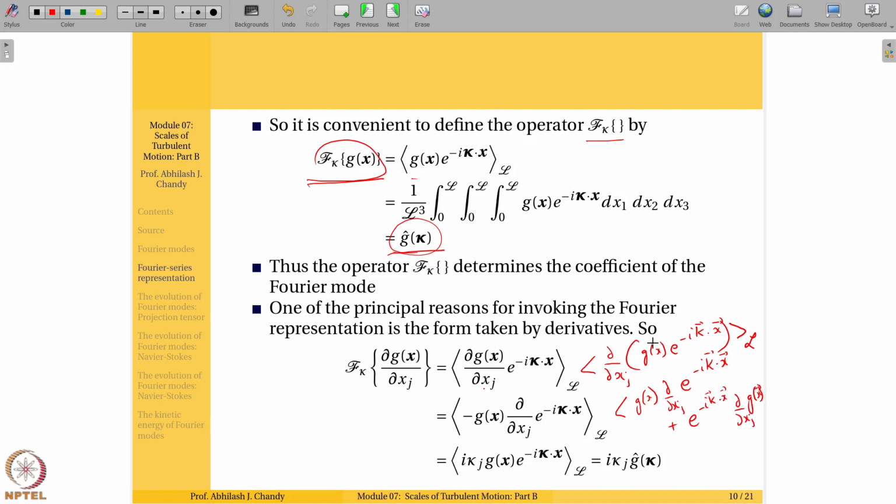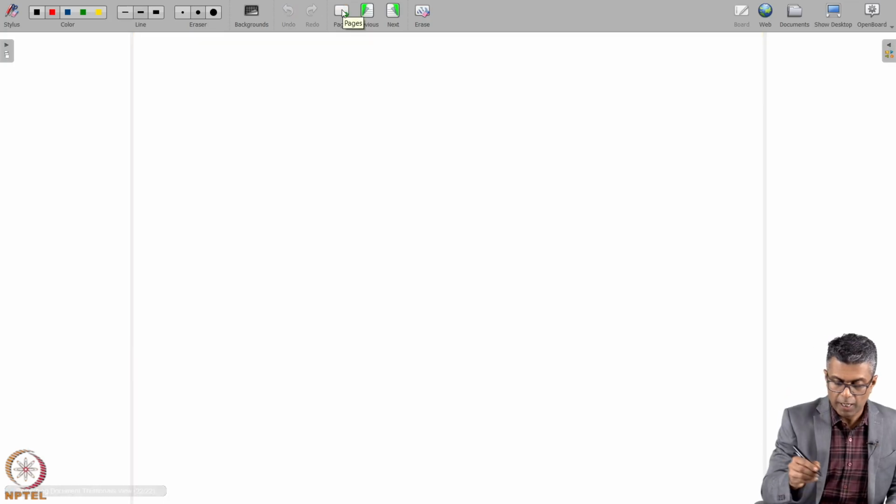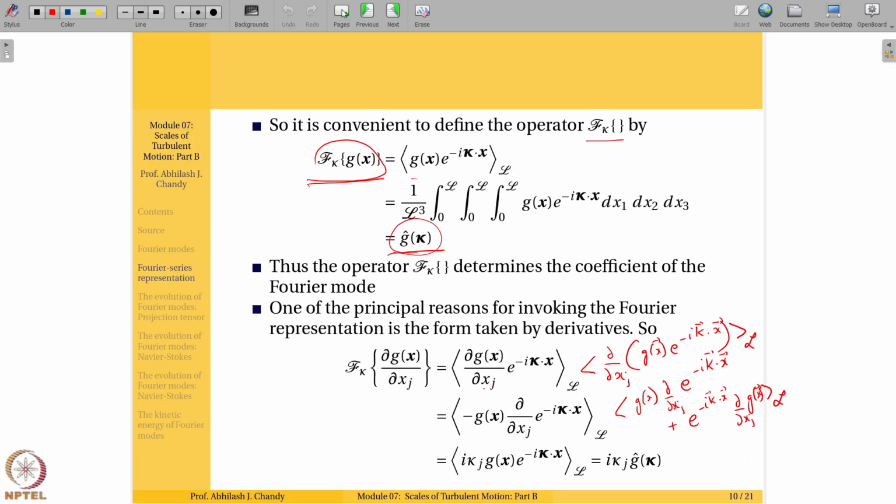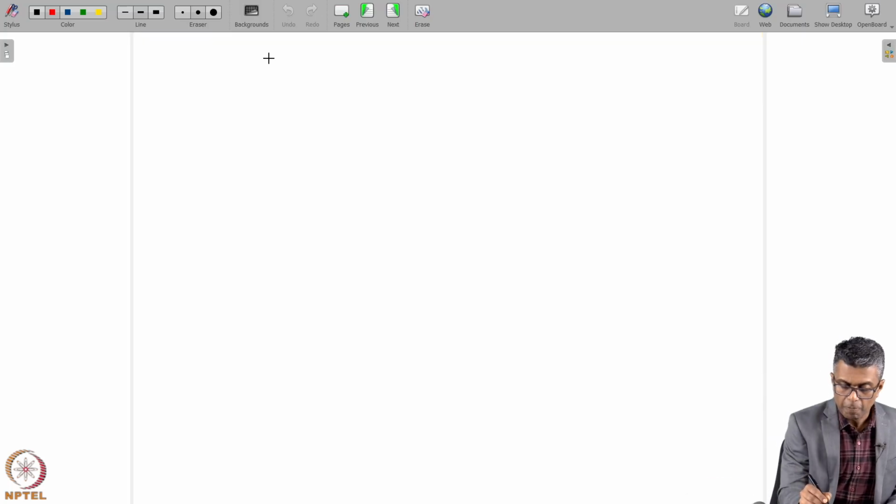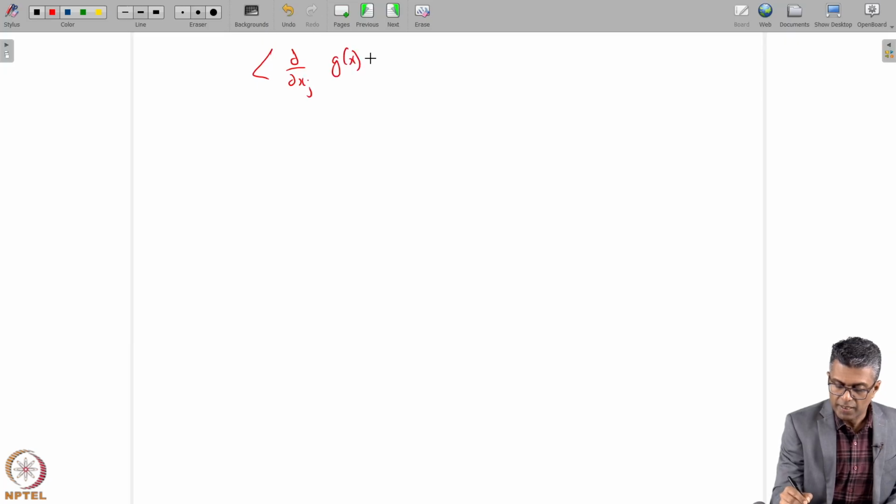Obviously x is a vector here, isn't it? And volume average of that. Now turns out the first expression there, so let me just take another page here, I'm sorry. And then go back and then just look at this, okay. So I have volume average del xj of g of x times, x is a vector of course, e to the minus I kappa dot x.